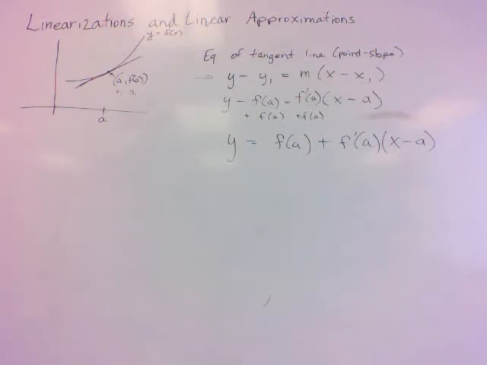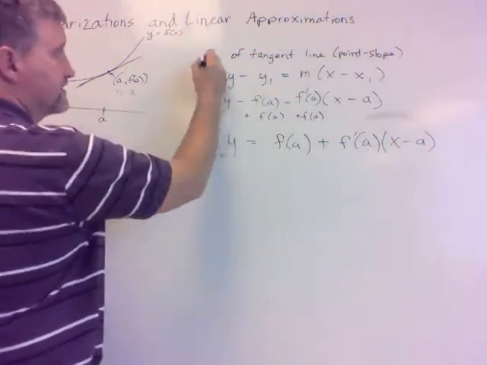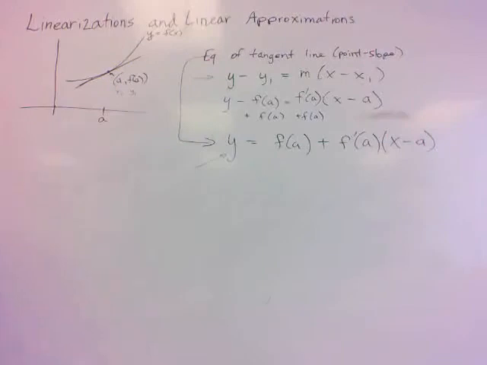Okay, so for various reasons, here's what we're going to do. We are going to call this line, so what is this? This is the equation of the tangent line of our function. That's the equation of the tangent line using a, the x value of a.